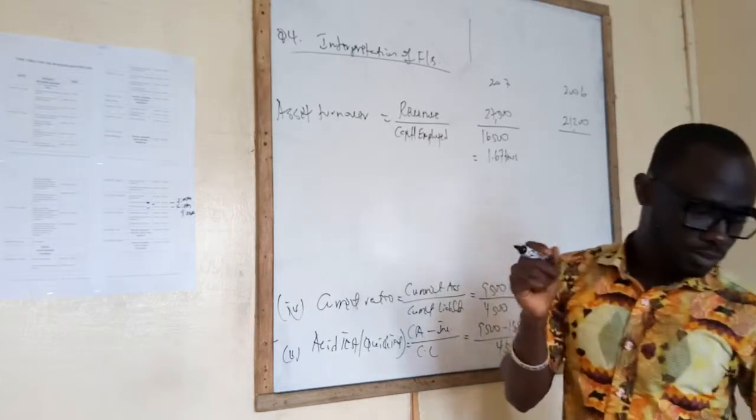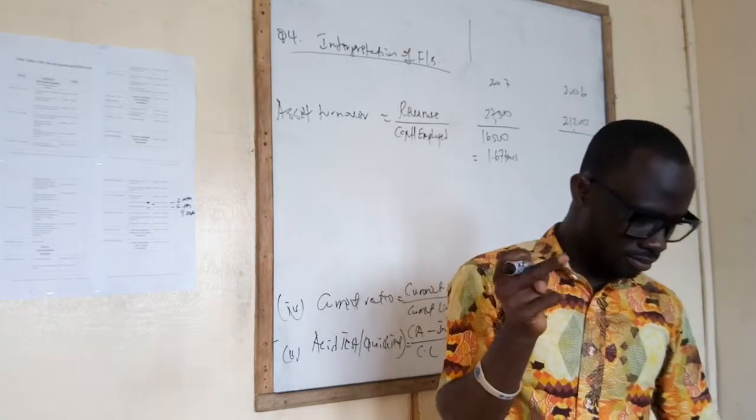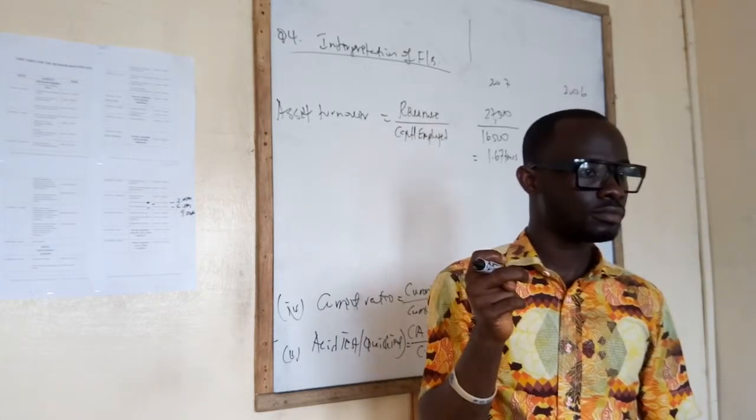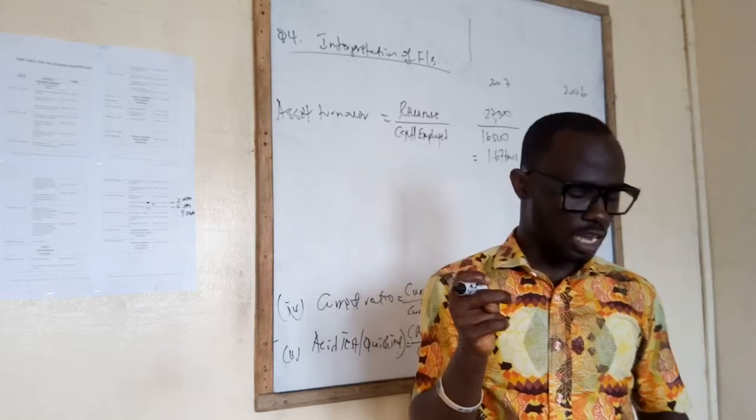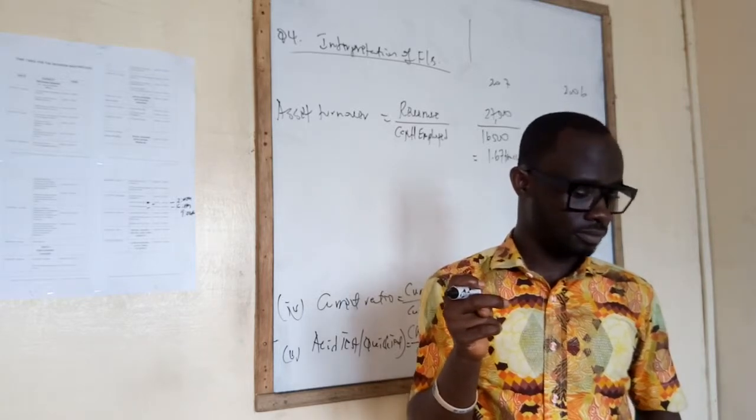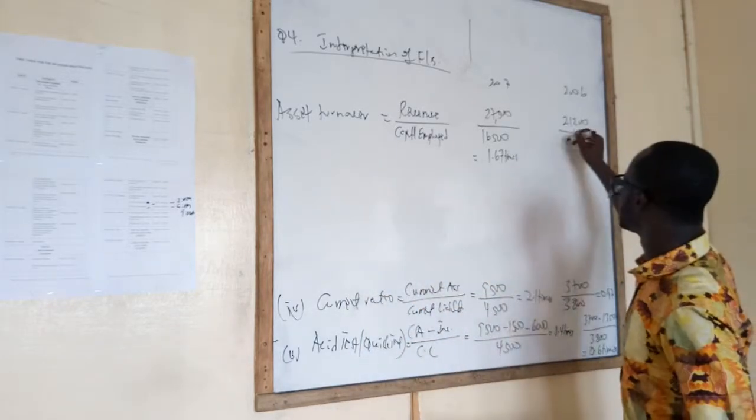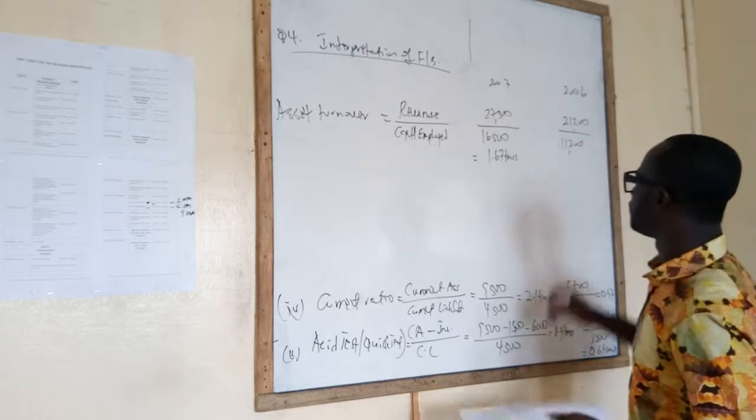Capital employed, what's our capital employed? 11,900. So what do we have?